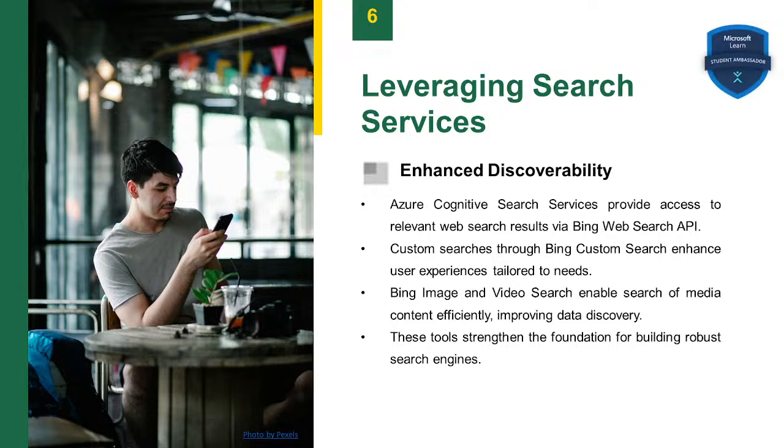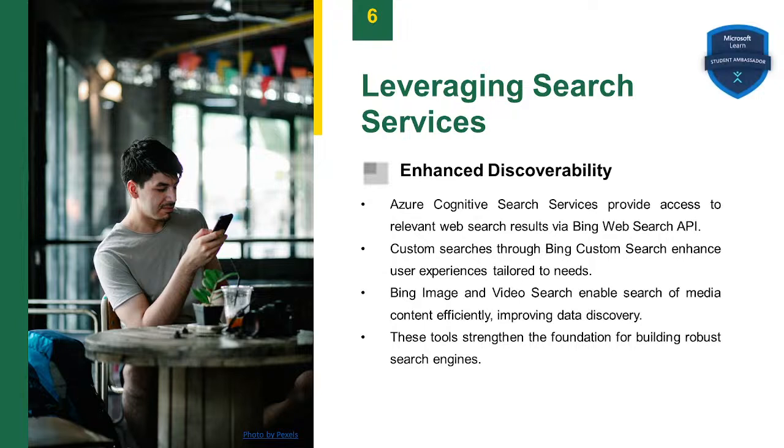Now let's dive into search services, which enhance the discoverability of content in your applications. These services are provided by Bing Search APIs and provide access to relevant web results, media content, and more, enabling a powerful search experience. One of the core features in this category is the Bing Web Search API. It allows developers to integrate the power of Bing's web search engine into their applications, providing users with relevant high quality search results.